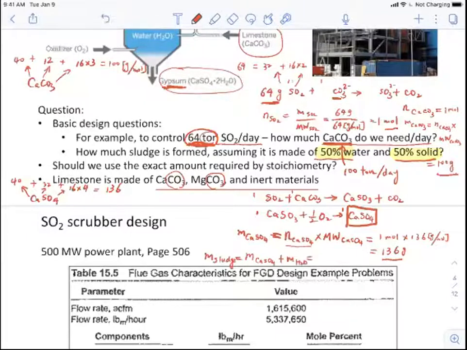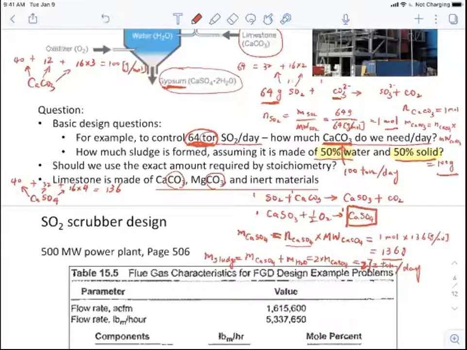We said that each is representing 50%. So that's just 2 times the mass of the calcium sulfate. So that turns out to be 272 tons per day. Okay, so this is the sludge formation rate, right?